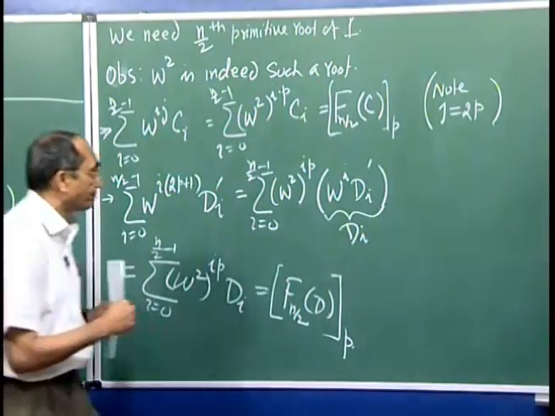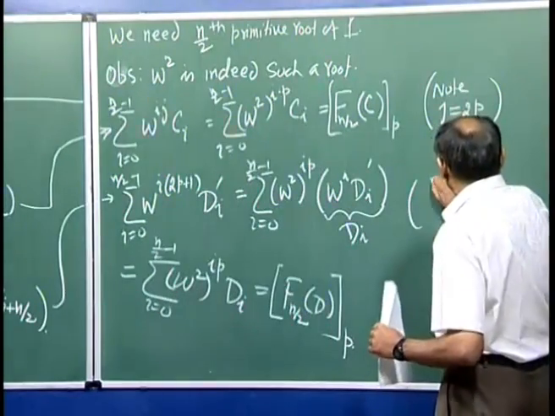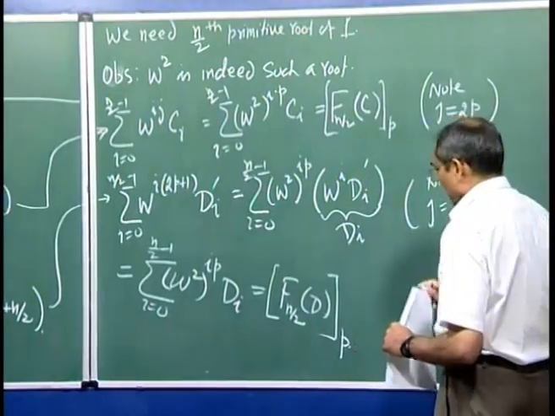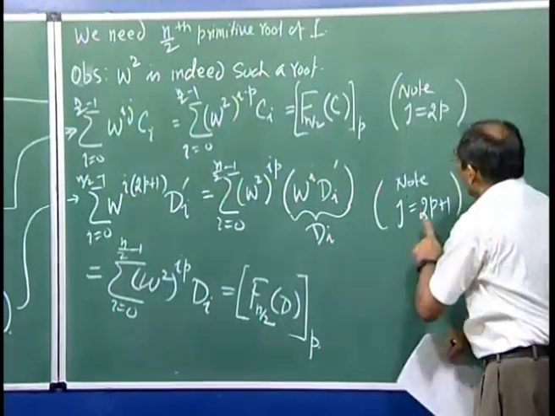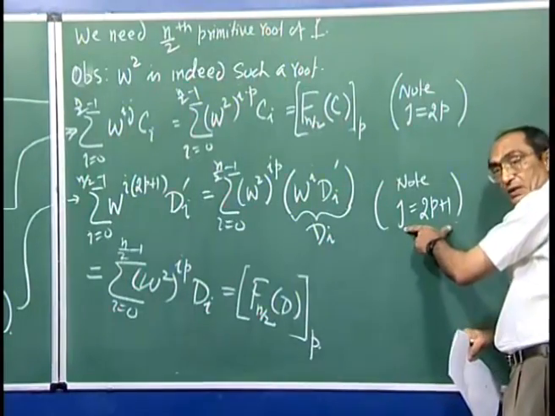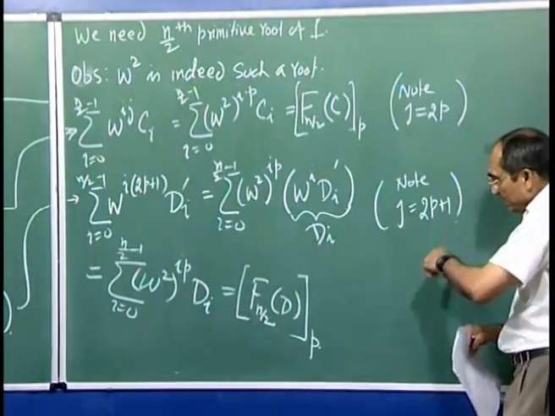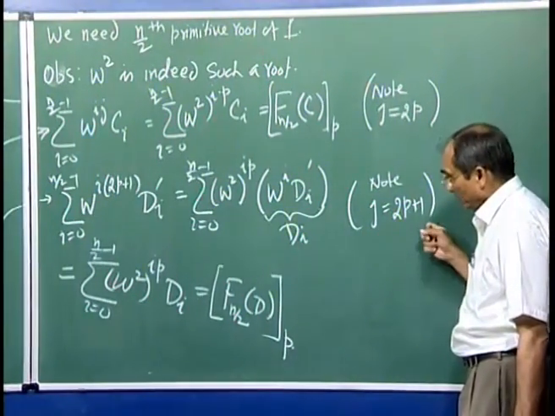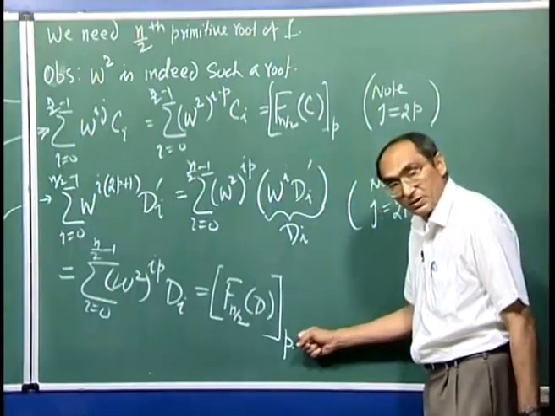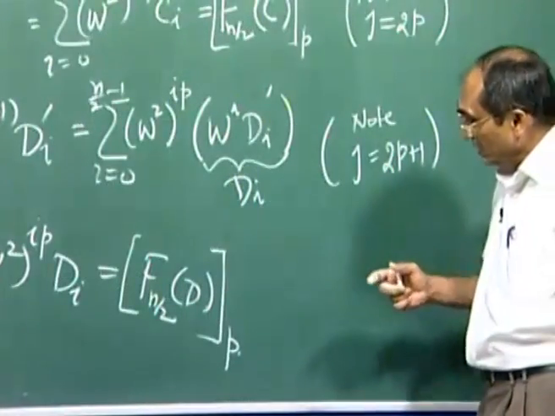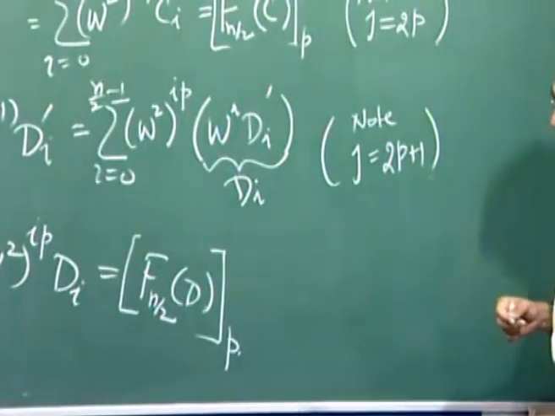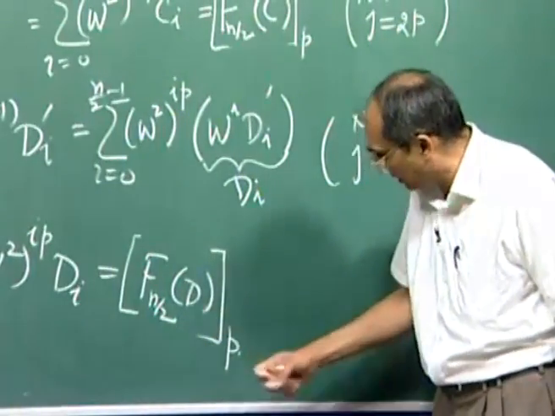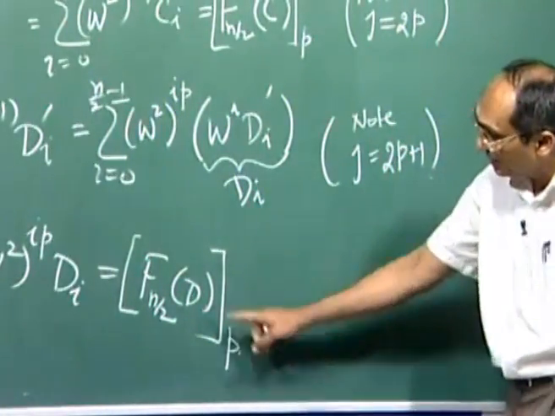Notice that here j was replaced by 2p plus 1. So, when p goes to 0, j is 1, which is the first odd index. Hence, for j going from 1 to 3 to 5 and so on, our p will go from 0 to 1 to 2 and so on. So, we have again a Fourier transform of half size, and we are computing the pth quantity in this fashion.